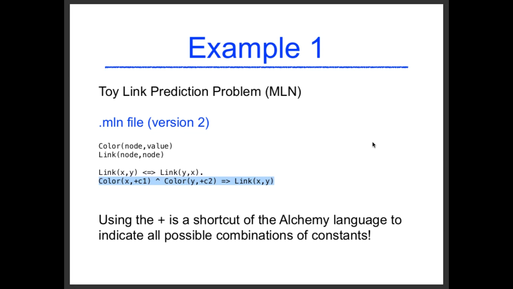And if there is more than 1, you do the Cartesian product, so all the possible combinations of colors. We are just at example number 1, so I will not show it in the command line, but believe me that if you run the learn weights, yeah?